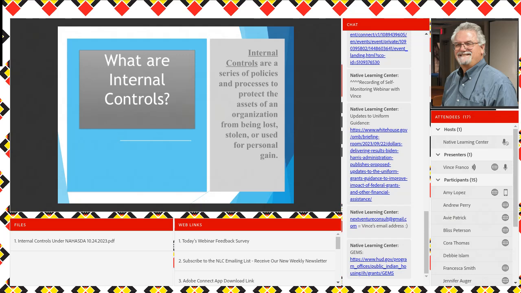I have to share with you the fact, and you'll see this in the proposed updates to the uniform guidance, that the federal government's concern for identity theft and fraud and mismanagement of data is out of control. Cybersecurity is another one. They are very concerned about all of these issues.